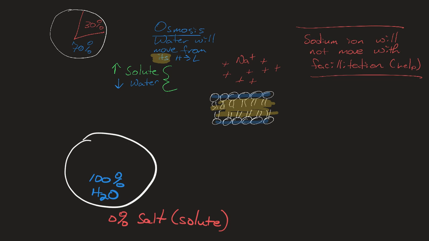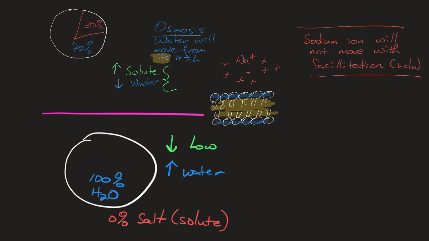So where's water higher? On which side, up or down? In this lower part, water's higher. So water's high here, and solute must be low. Wherever solute's high, water's low. Wherever solute's low, water's high.